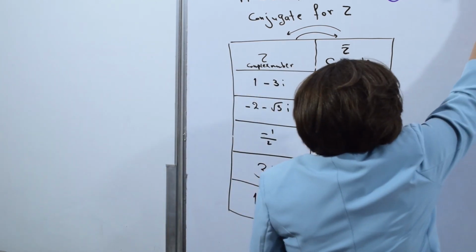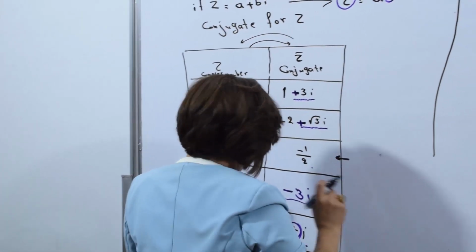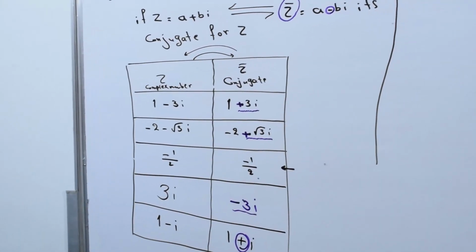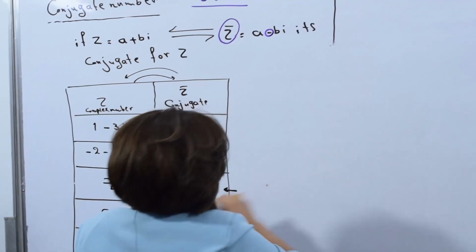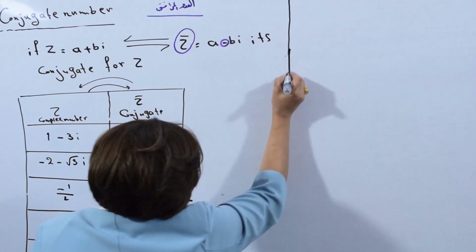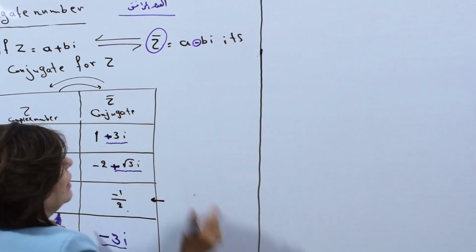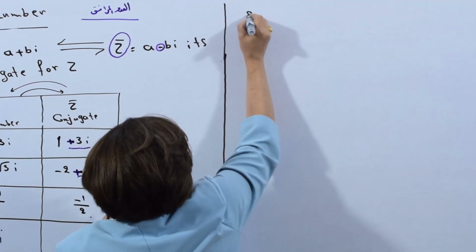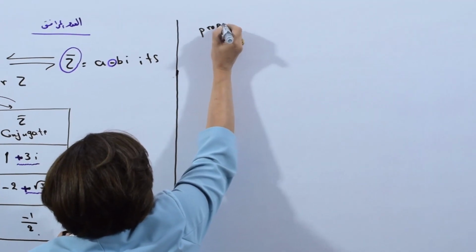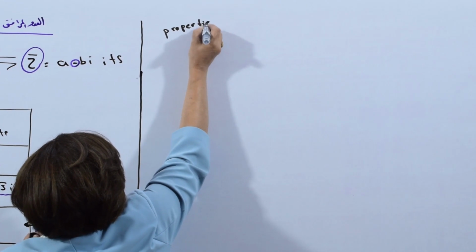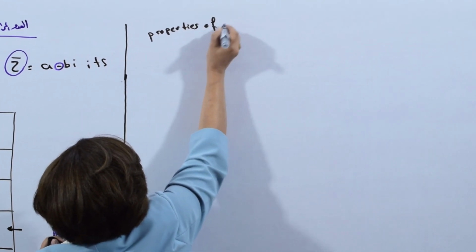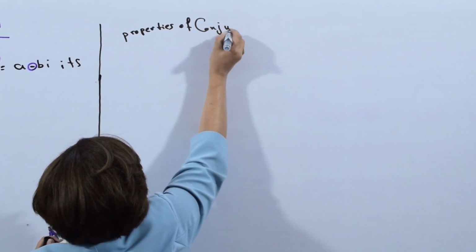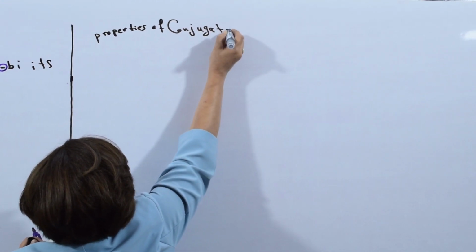نستمر هنا. I take properties of what? Properties of conjugate number.